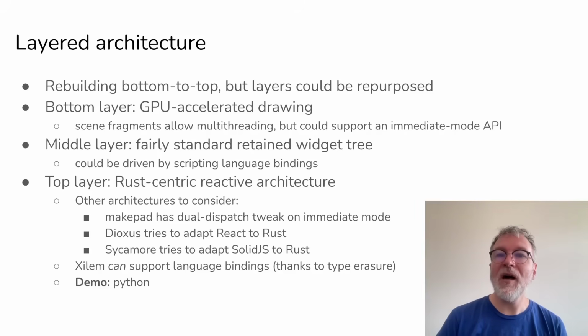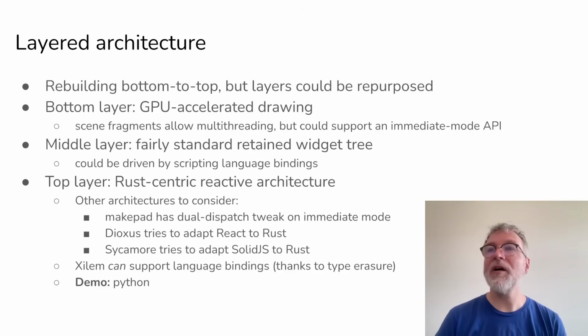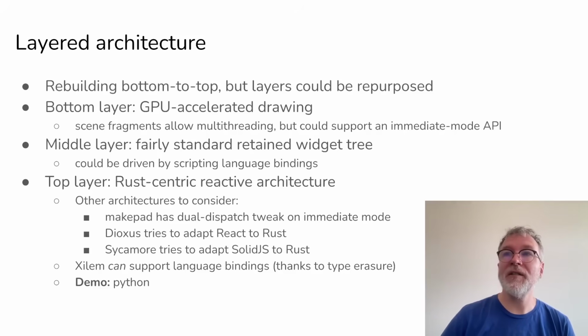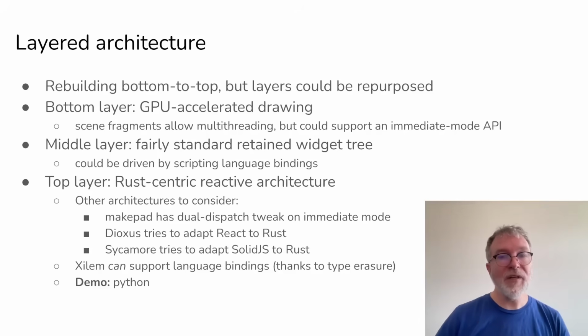So I think of these layers, this top one is sort of the most speculative. I think there are reasons to believe that the Xilem architecture is good and will work well, but there are other architectures that have not yet been ruled out. There's Makepad, which is an immediate mode inspired one, but it has a dual dispatch, so it avoids some of the problems. There are a number of projects out there, like Dioxus, a very interesting project.